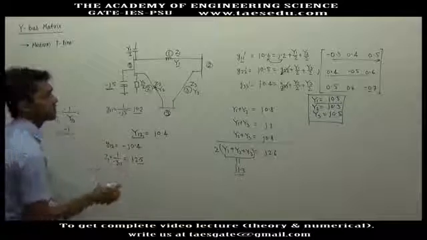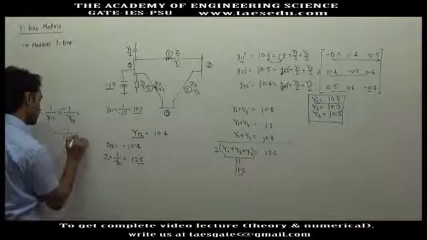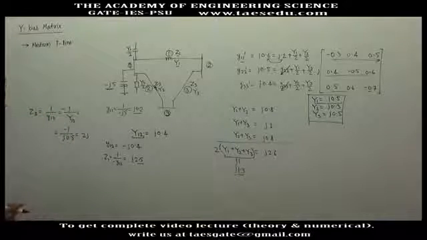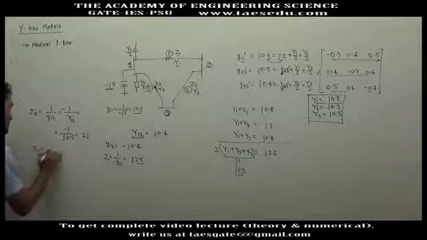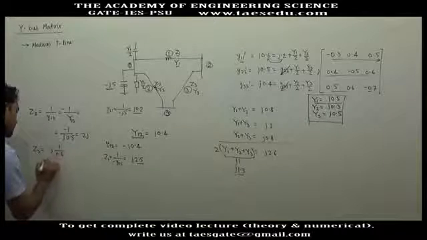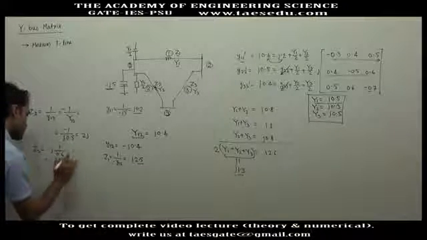Minus 1 divided by Y13 gives you j2. And similarly you will get Z3 as j1 by 0.6, that is j1.66.